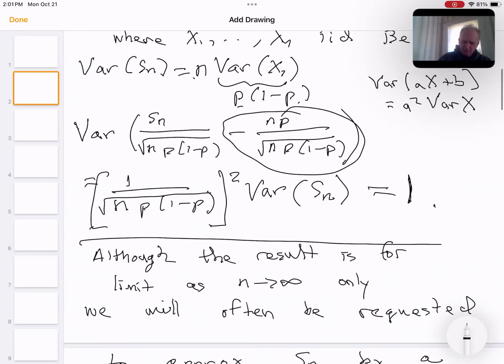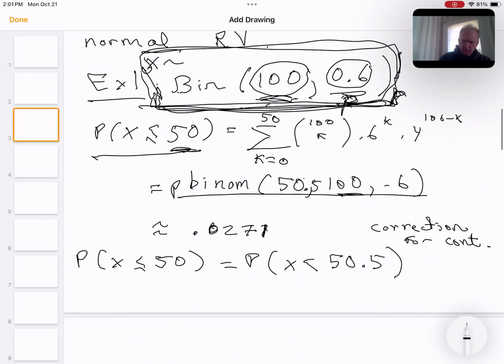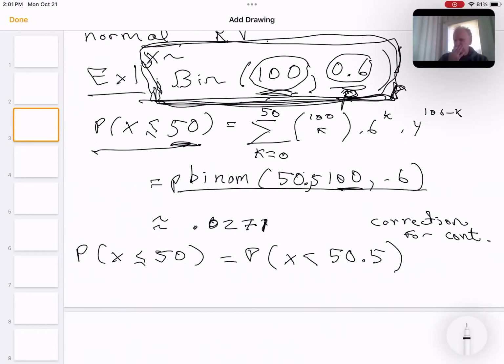Okay, so the next step is to standardize this. I'm going to write like my Sn thing. I can still call it X though. Notice I could have called that S60 or something, but we usually just call it X. So I'm going to take X, subtract its mean, and divide by its standard deviation, which is the square root of 24.